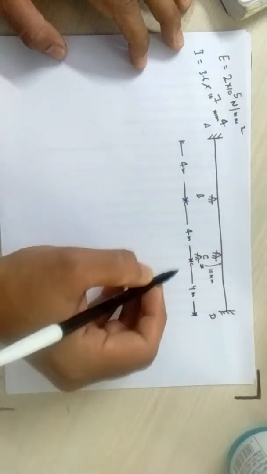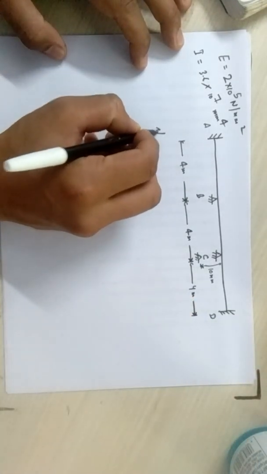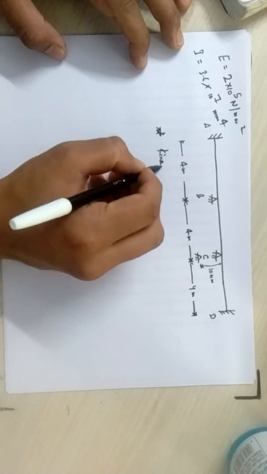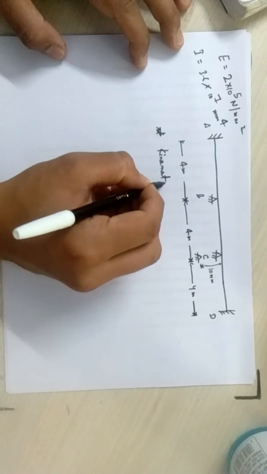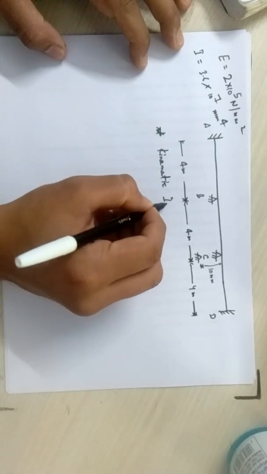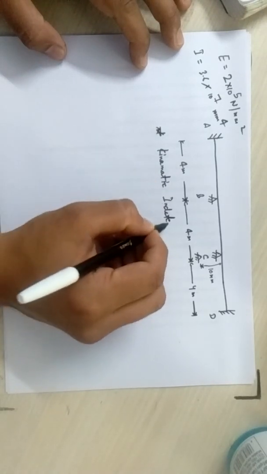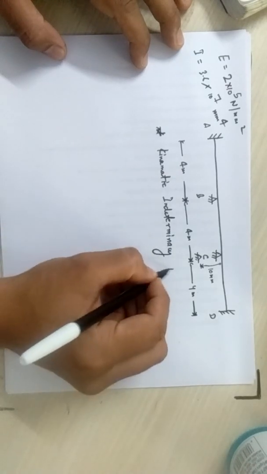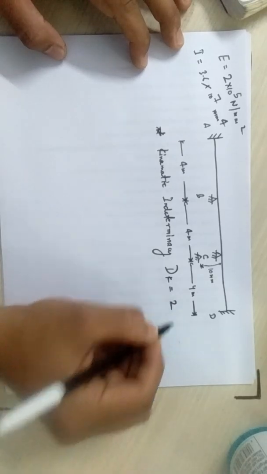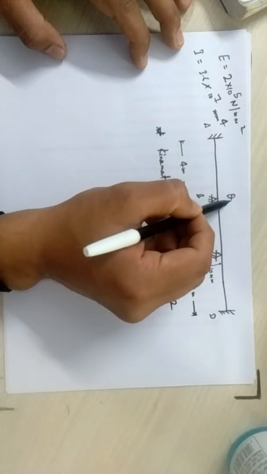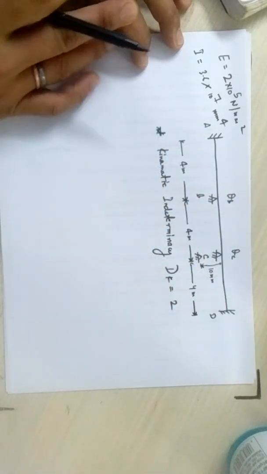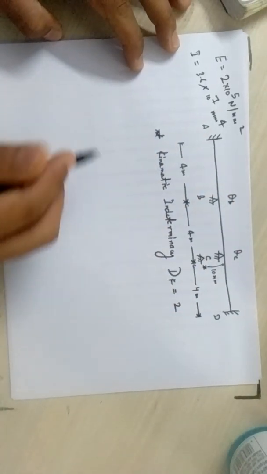So first we will calculate the kinematic indeterminacy, dk, which will be equal to 2: theta B and theta C. So these two will be our kinematic indeterminacy.